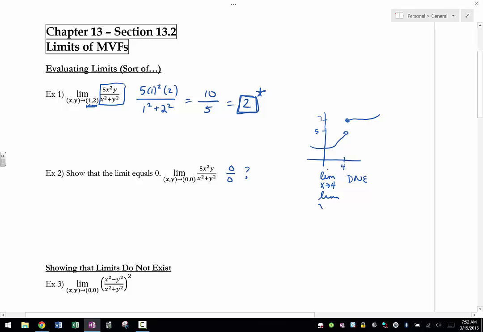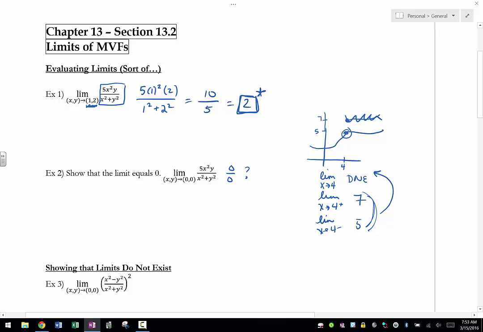However, if I take the limit as x approaches 4 from the right, I'm going to get 7, and the other way I can approach it is the limit as x approaches 4 from the left, and then I'm going to get 5. And what we talked about last year is if these numbers don't match, which they don't, the limit does not exist. If they did match, then the limit would exist even if there were a hole there and not a dot.